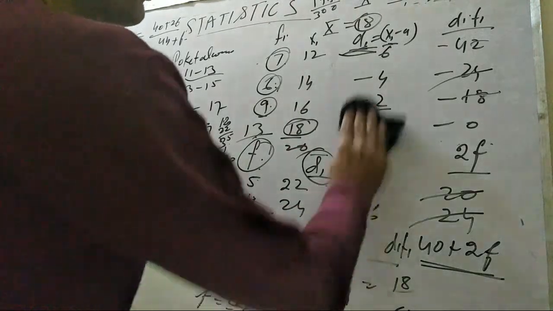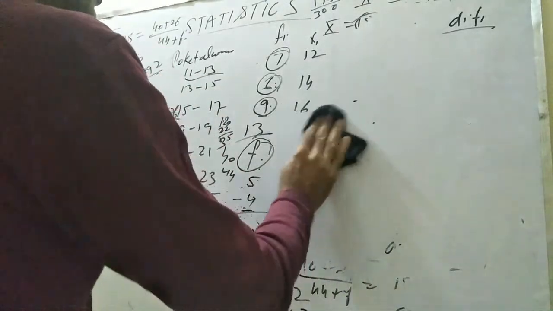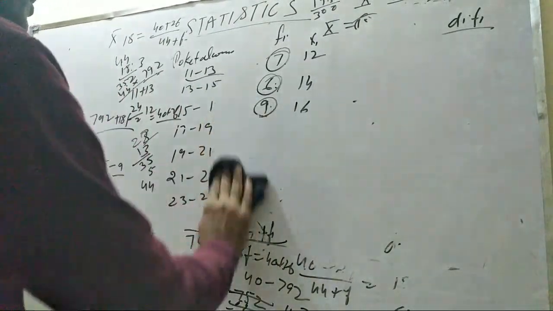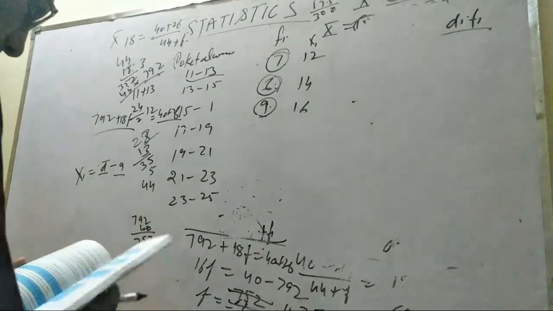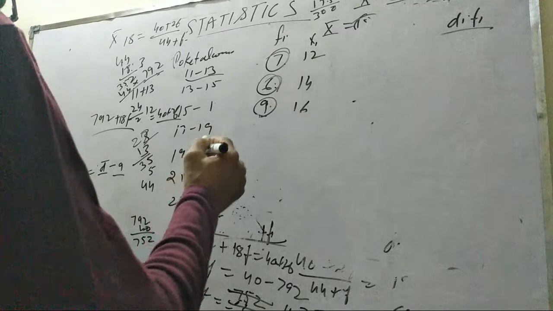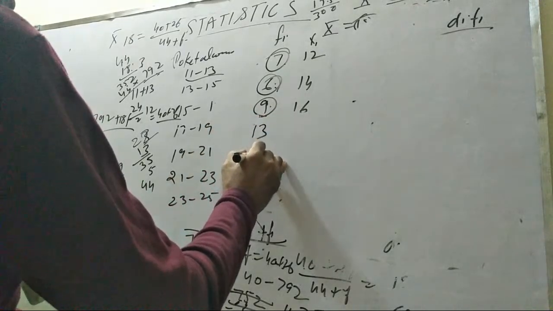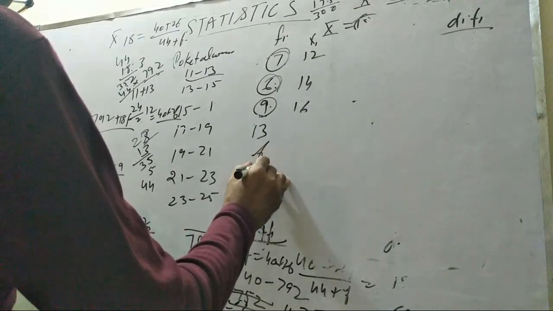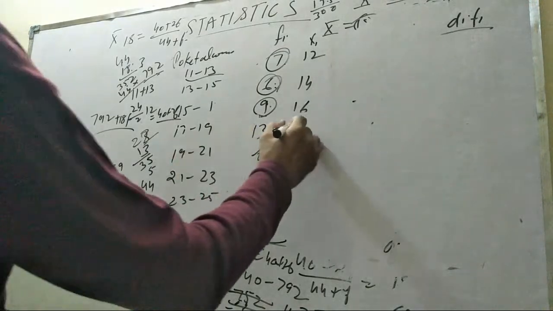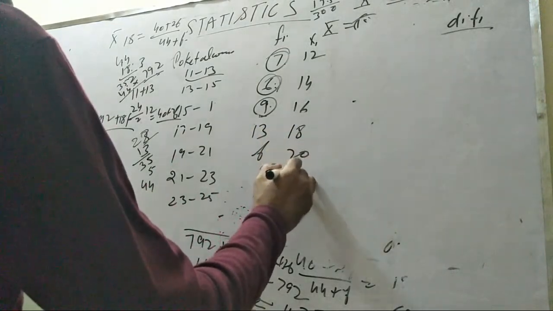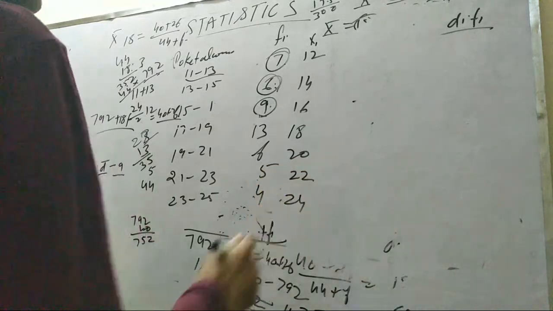If you don't mind, we declare it a second time, because here is the next data: the frequencies are 7, 6, 9, 13, f, 5, 4, and here are the class marks 12, 14, 16, 18, 20, 22 and 24.